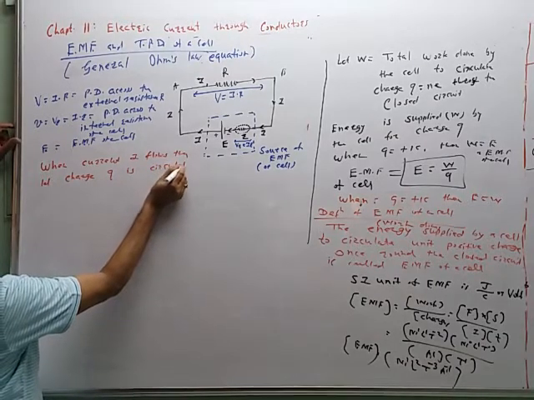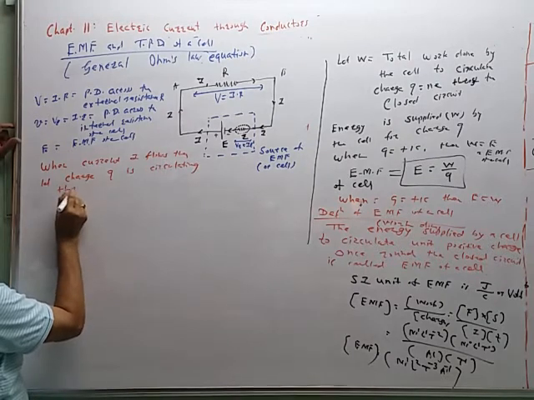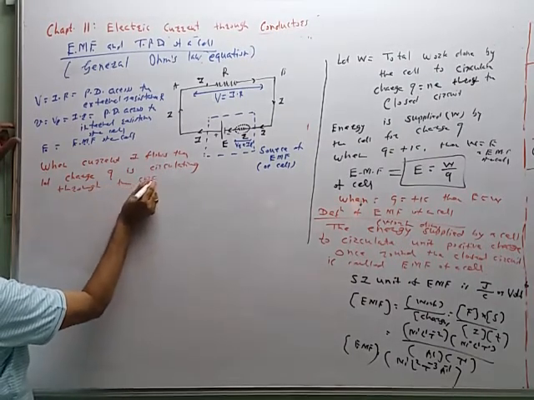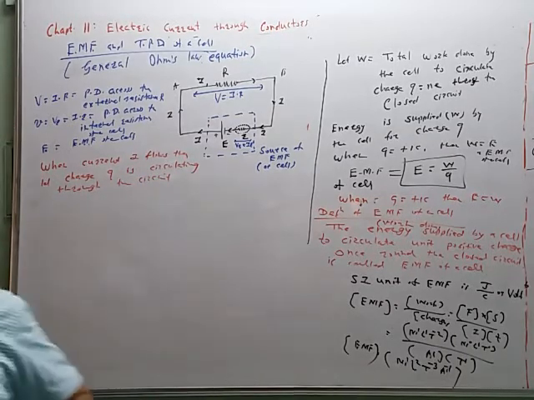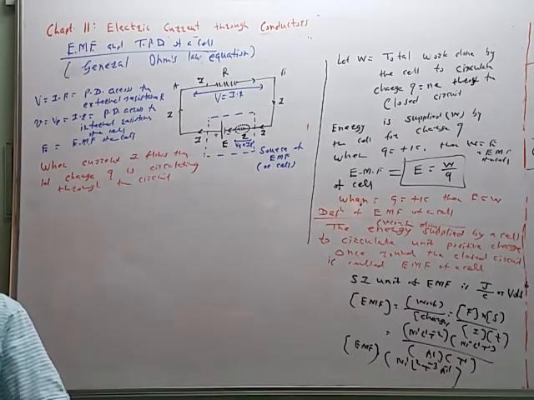Flowing means circulating. The charge Q is circulating through the circuit. So to circulate the charge, some energy is required, and that energy is supplied by the cell.